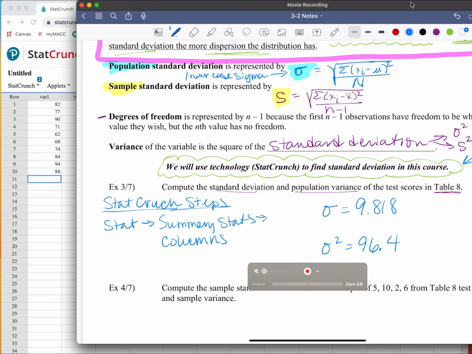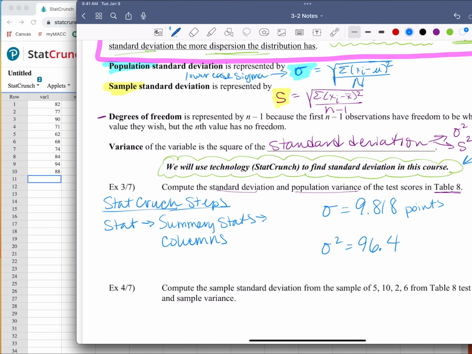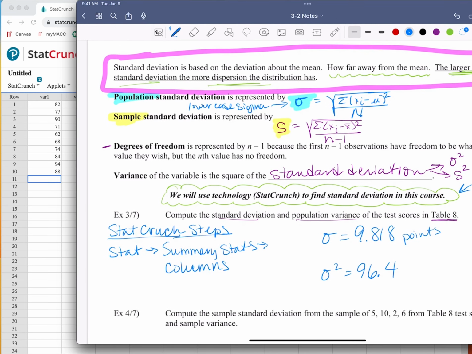Okay. So here's the other thing that happens with this. 9.818 points, because that is legitimately what it is. Those are the points. That's a standard deviation. So if I'm laying out my data, I have my mean value, and then this is spread out. The next standard deviation is 9.8 test points, right? That percentage points away from the mean. That's that dispersion. That's what I'm talking about. How far away from the mean am I going?